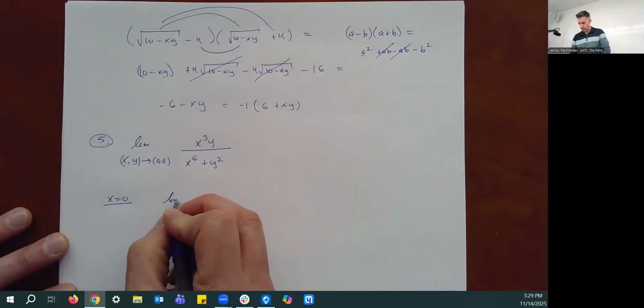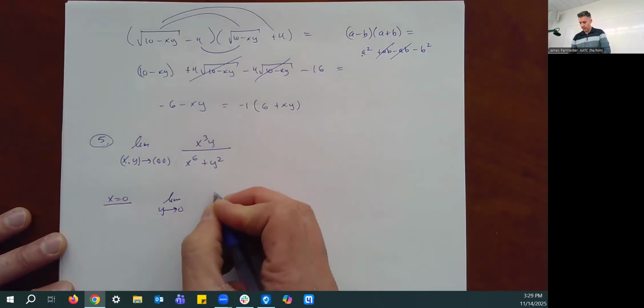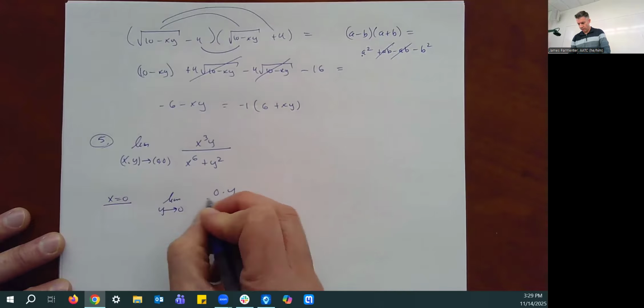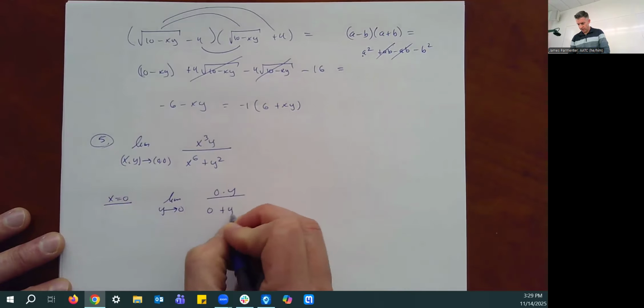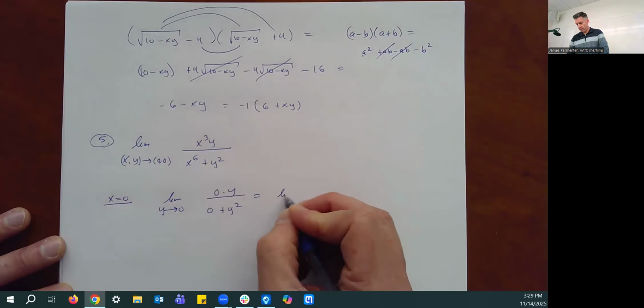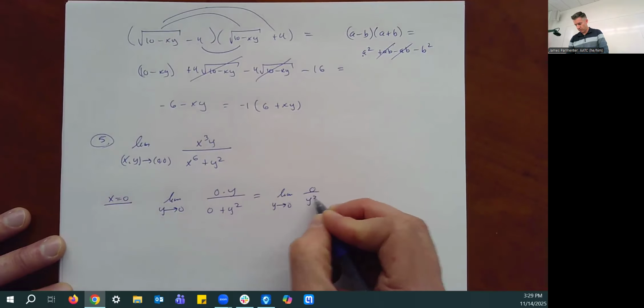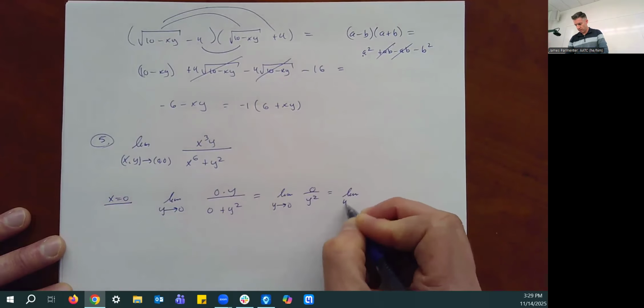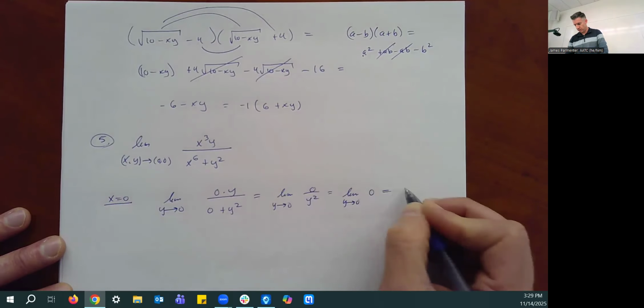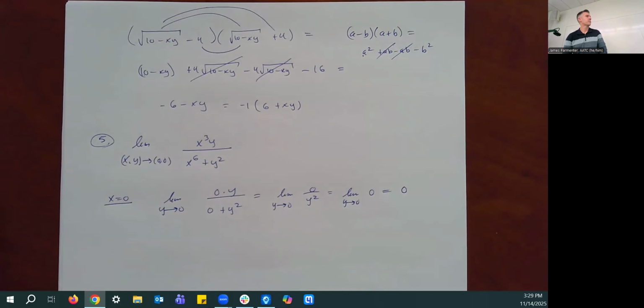So the limit as y approaches 0 of 0 times y over 0 plus y squared. Notably, this simplifies to 0 divided by not 0, which is the limit of 0, which is 0. It is not 0 over 0, and that is what I want to emphasize strongly here.